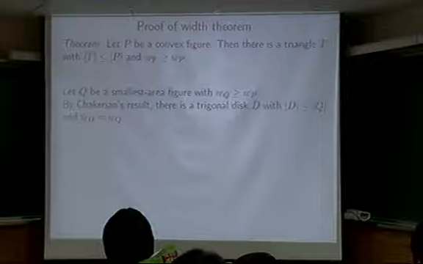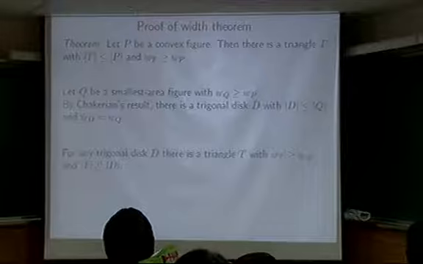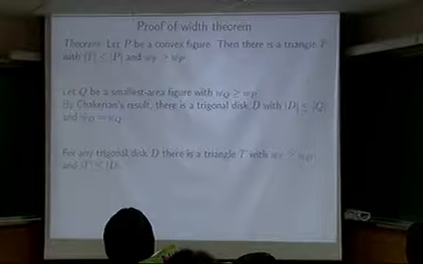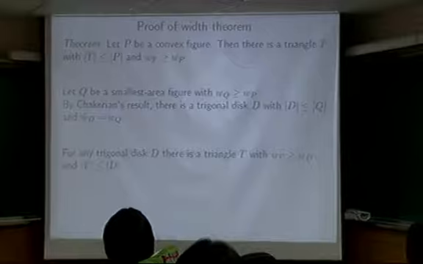So that tells me that actually I can choose this one to be trigonal. Now I want to show that for any trigonal disk, I can actually replace it by a triangle without increasing the area and without decreasing the width function. So let us do that step.